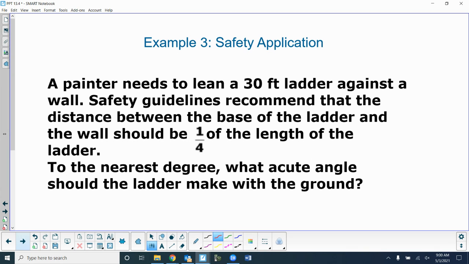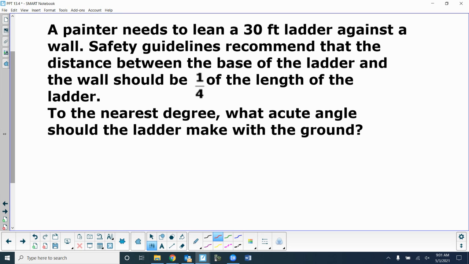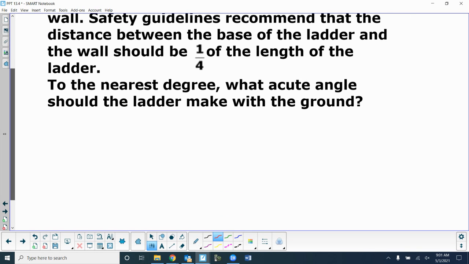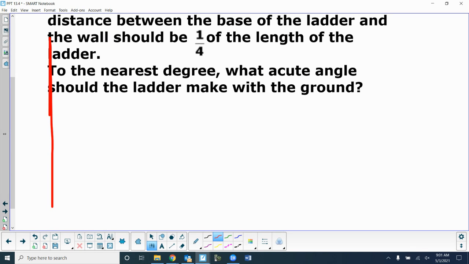A painter needs to lean a 30-foot ladder against a wall. Safety guidelines recommend that the distance between the base of the ladder and the wall should be 1/4 the length of the ladder. To the nearest degree, what acute angle should the ladder make with the ground? So I got a wall and I'm leaning a ladder against it.